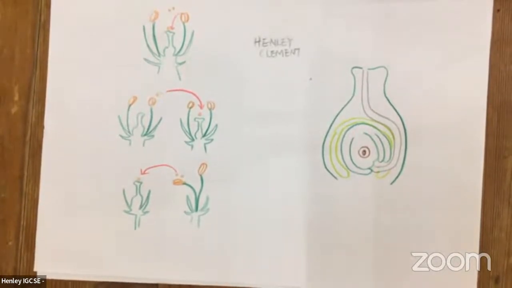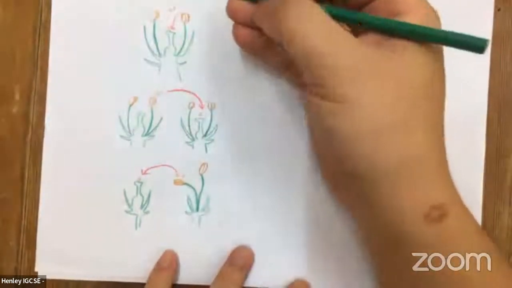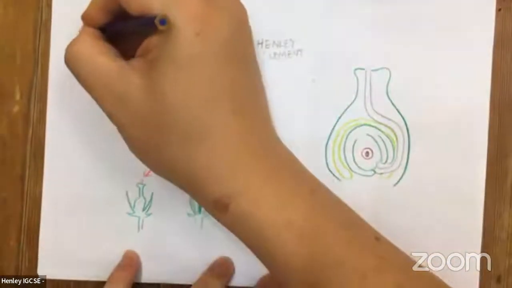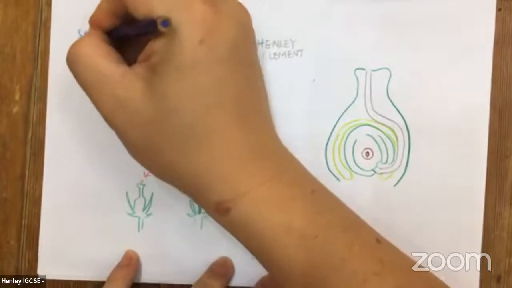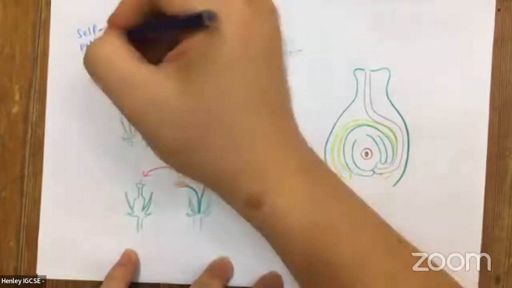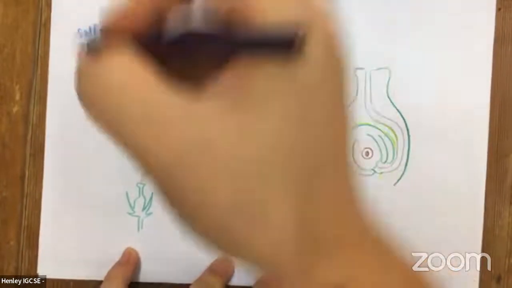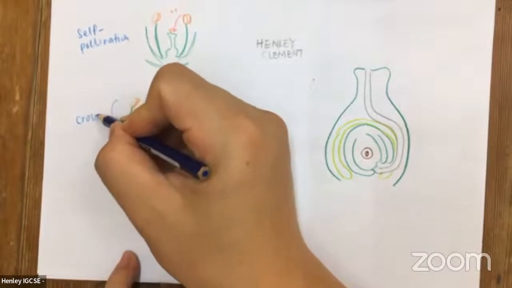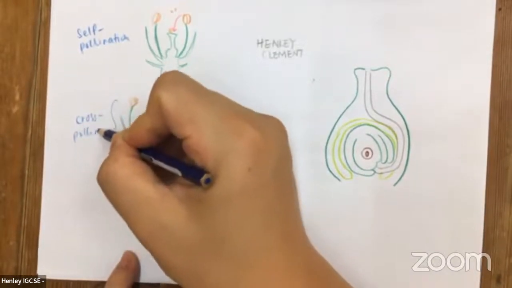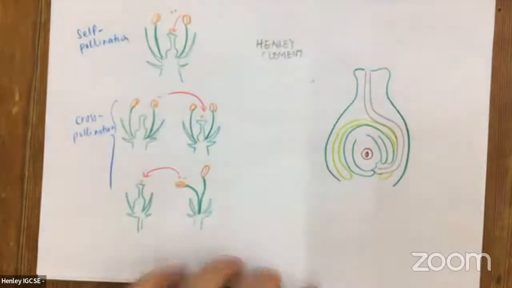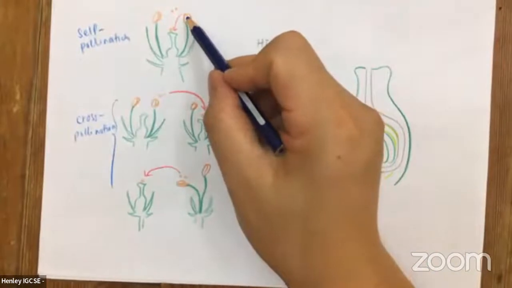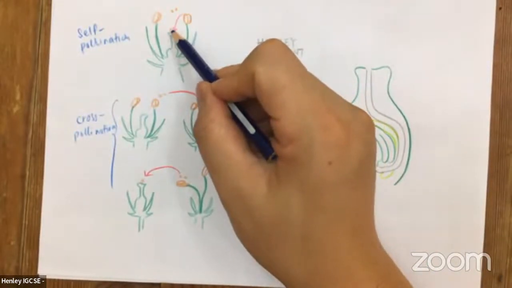Before fertilization, we need to know about some terms, which are called self-pollination and cross-pollination. Self-pollination means that the pollen from the plant itself goes to the stigma of the same plant.